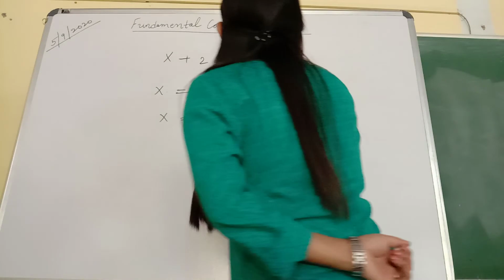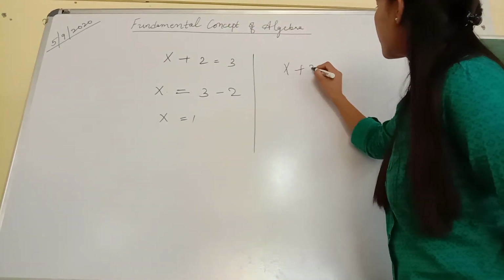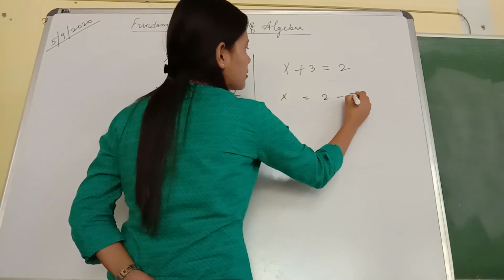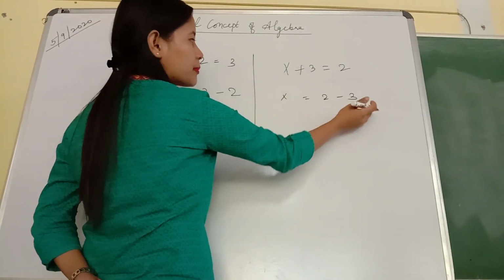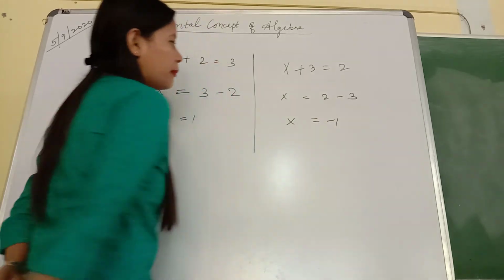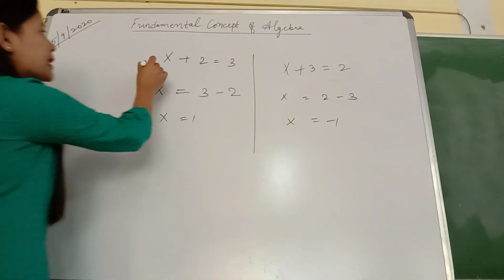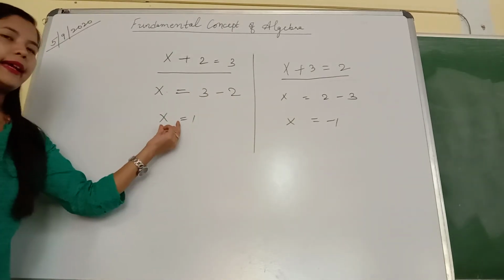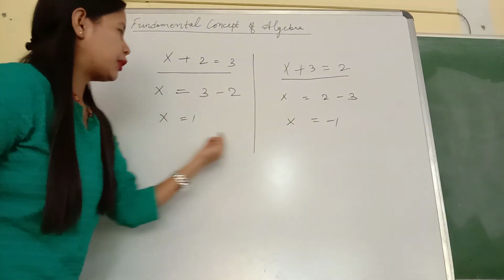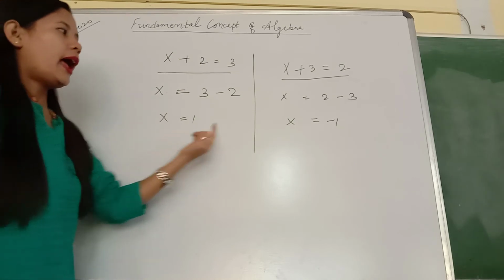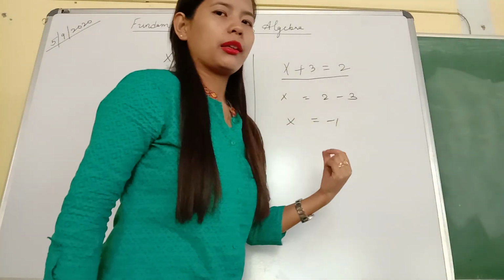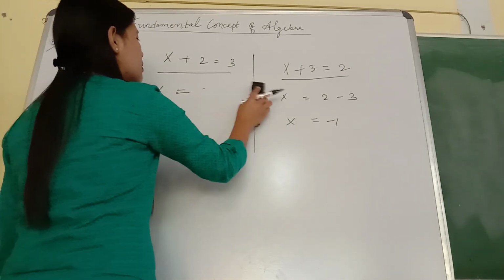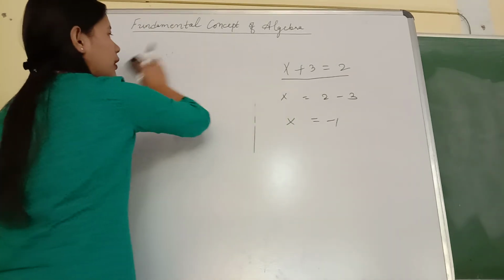Now in x plus 3 equals 2, x equals 2 minus 3, so x will be minus 1. So in different situations, the variable is taking different values. Here the value of x is 1 and here the value of x is minus 1.